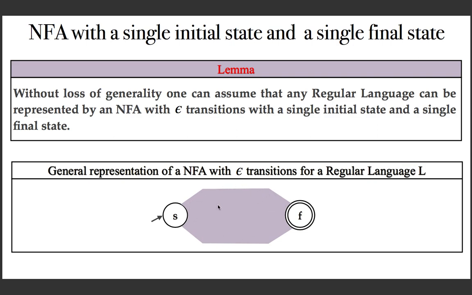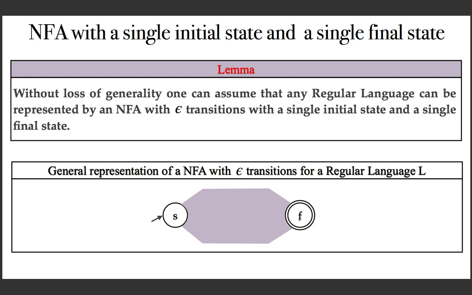Could be anything depending on the language. So the only thing we need is this kind of a generic representation of an NFA for an arbitrary regular language. So now, whenever we say the language is regular, that means there exists an NFA of this structure with a single initial state and a single final state.